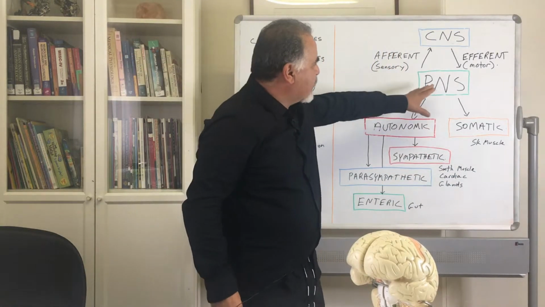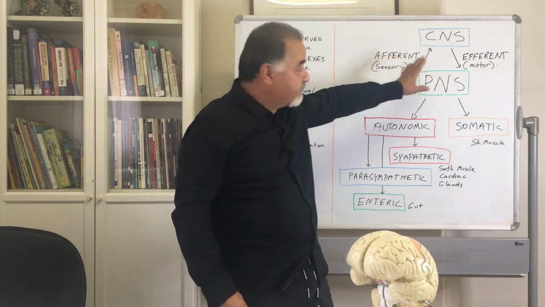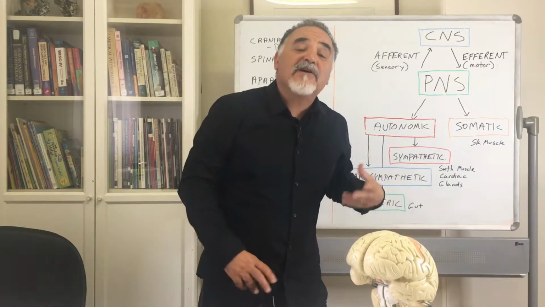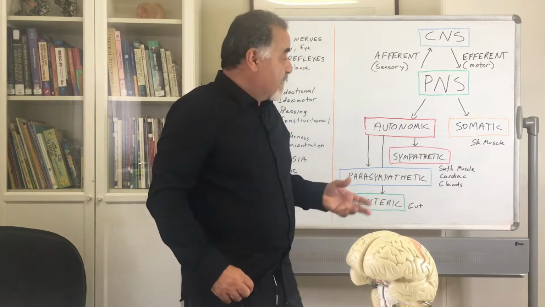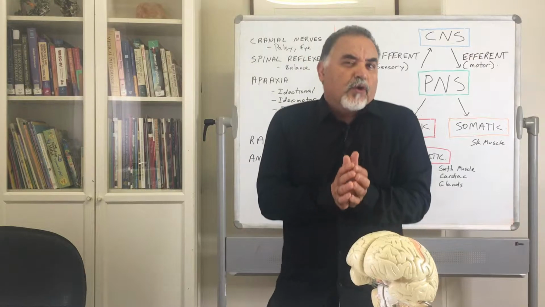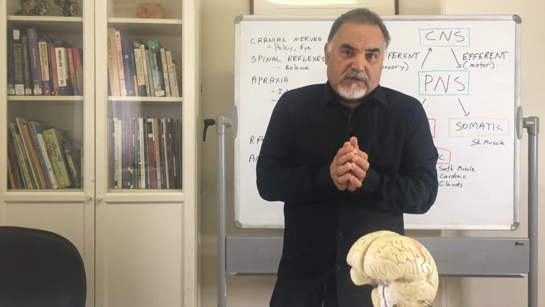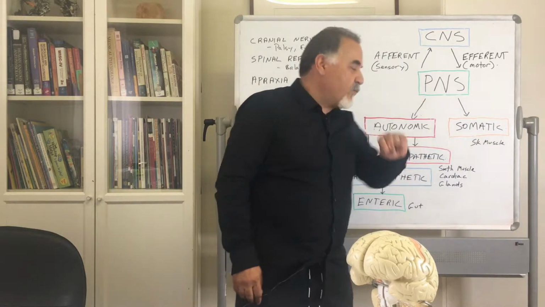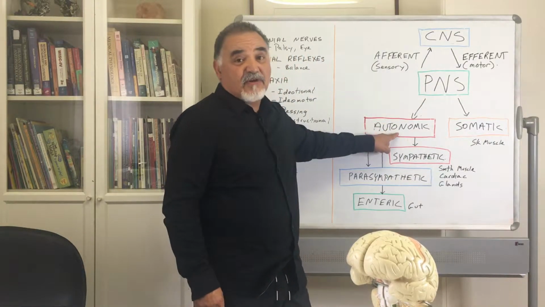So this is the peripheral nervous system, afferent division and efferent division, or afferent component and efferent component of the peripheral nervous system. The peripheral nervous system has two major divisions. One that we call the somatic, and one that we call the autonomic nervous system.